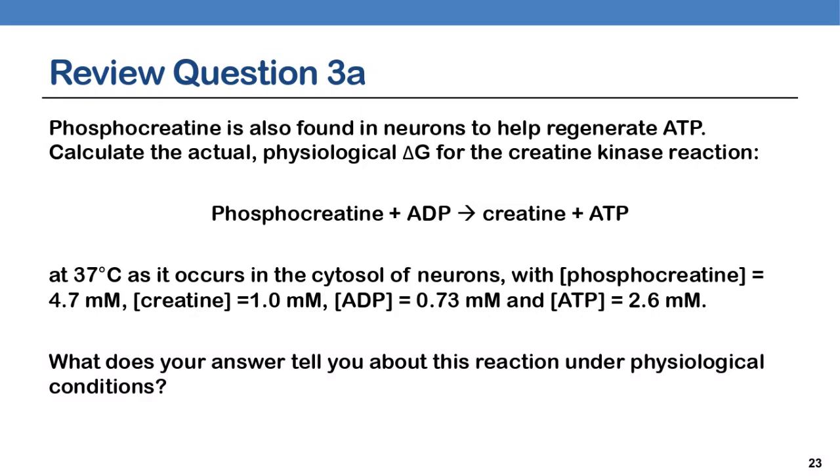So remember also for this one, the standard free energy change of ATP with creatine kinase is going to be minus 12 kilojoules per mole, because we're going from the standard free energy of creatine kinase of minus 43, subtracting that from our ATP, which is negative 31.